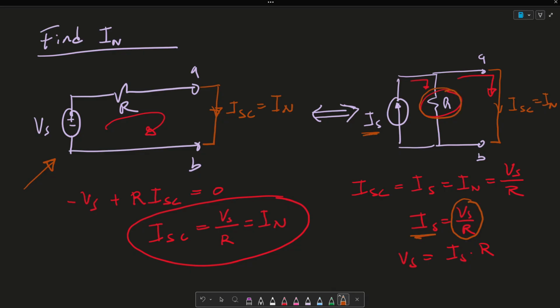And similarly, if you're given a current source in parallel with a resistor, you multiply the two and you get your voltage source, and then you put that resistor in series with that voltage source. I hope this makes sense in terms of how we prove and apply source transformation before we dive into examples in this lecture and in further lectures. If you have any questions, please leave them down in the comment section below, and I'll be sure to get to you.